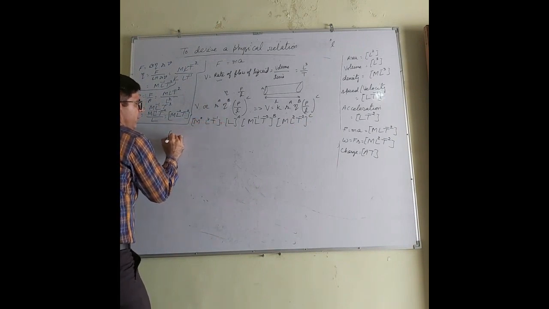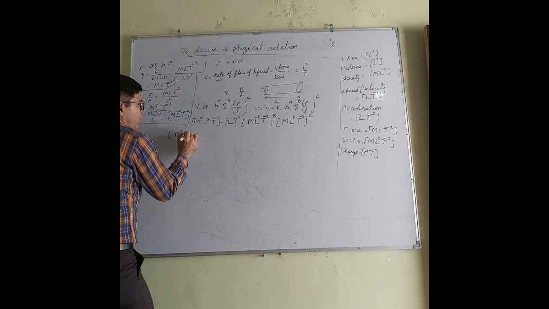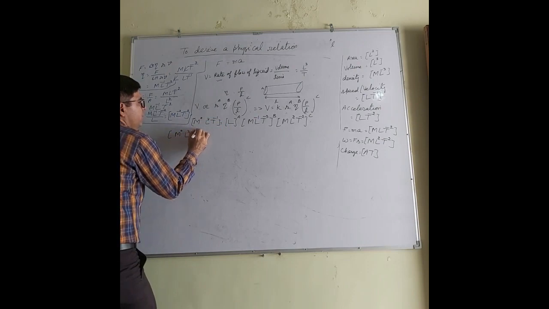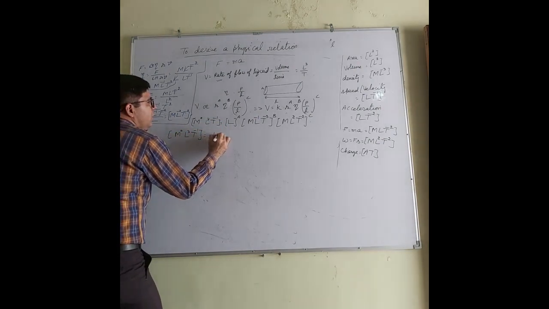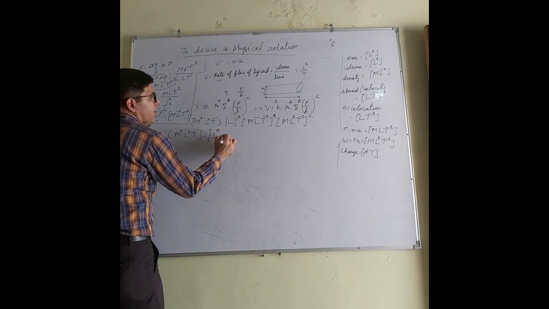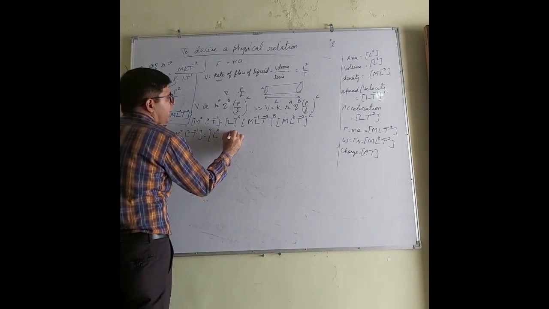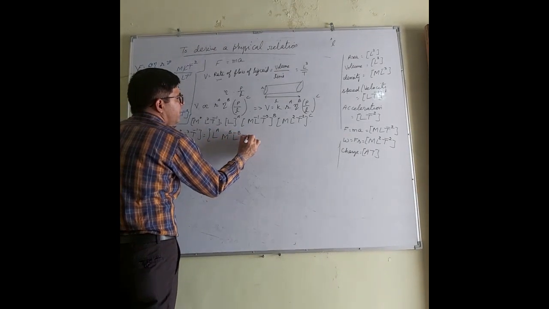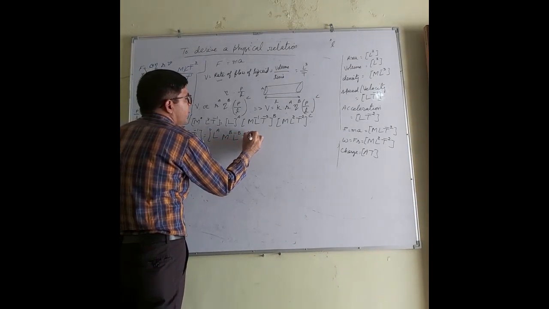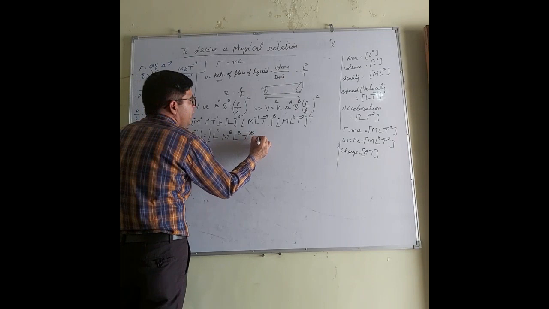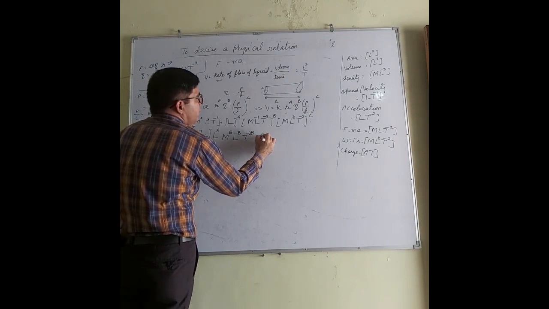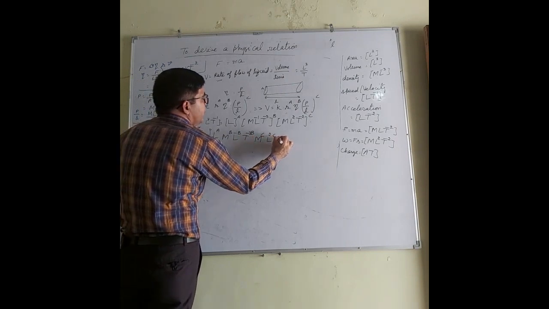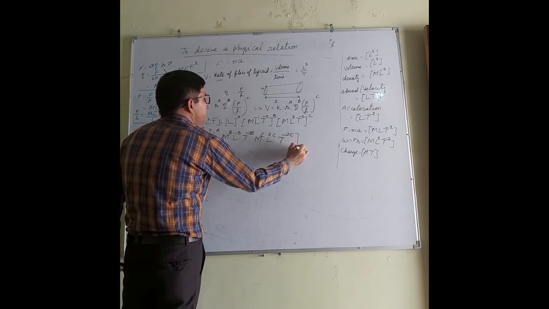Now opening brackets on both the sides, M0 L cube T minus 1, L to the power A, M to the power B, again L to the power minus B, T to the power minus 3B, M to the power C, L to the power 2C, T to the power minus 2C.